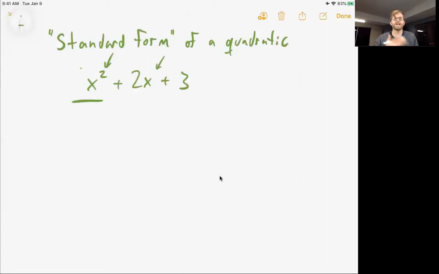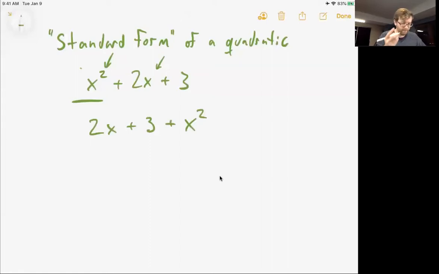So if, by chance, you end up getting some expression, say this originally came to you in a problem, and it looked like this, you should definitely work with it a little bit so that it's in standard form, so that it's easier to look at and so that you can make it familiar and be able to refer to the coefficients, okay? Now, if you recall, coefficients are these numbers in front of the terms.